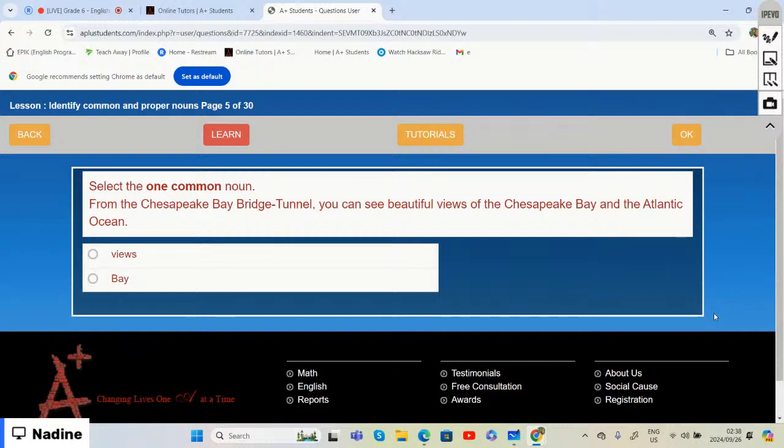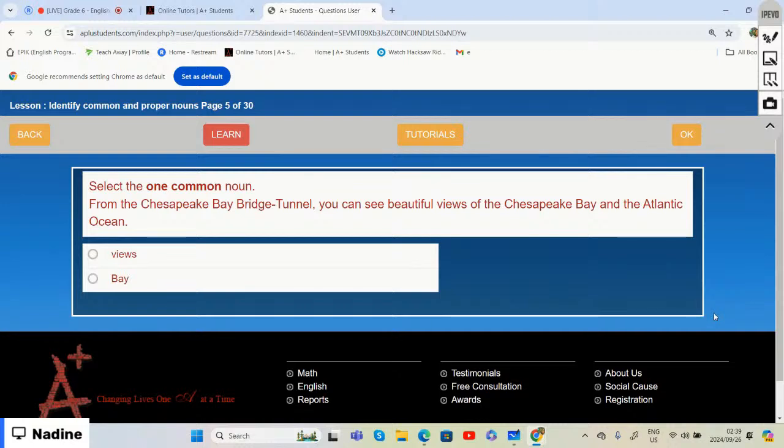We need to select one common noun. It says, from the Chesapeake Bay Bridge Tunnel, you can see beautiful views of the Chesapeake Bay and the Atlantic Ocean.